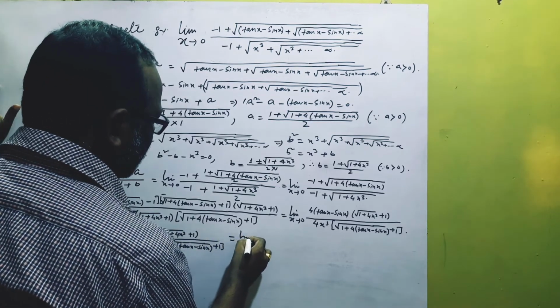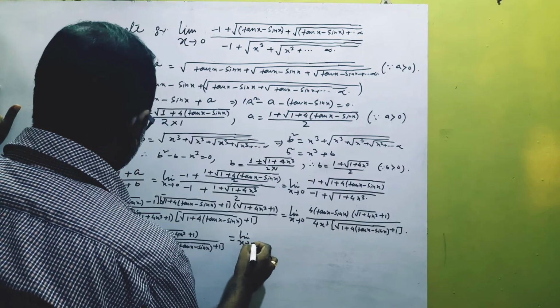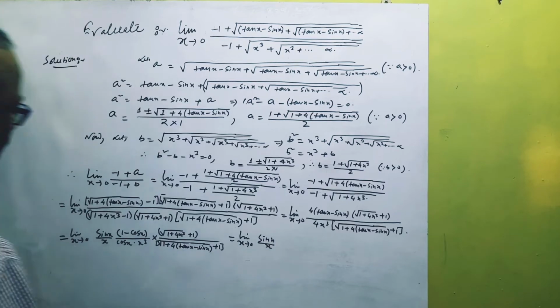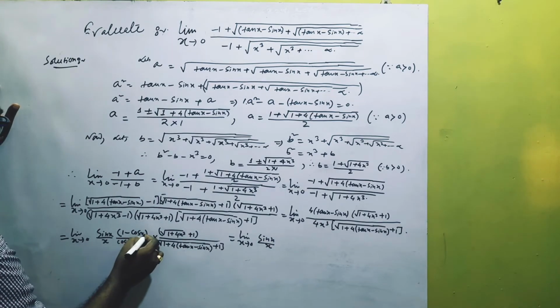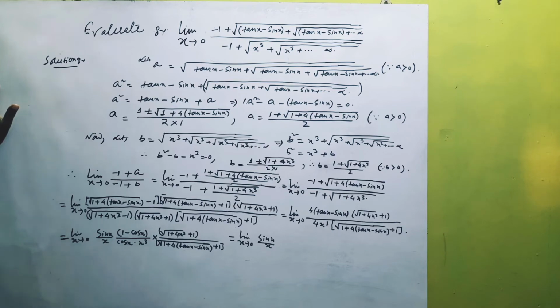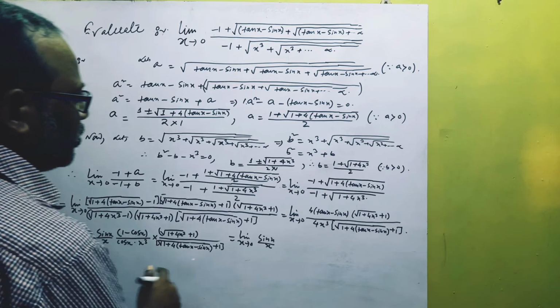So the limit as x tends to 0, this is sin x by x. Here we multiply by the factor 1 + cos x in the numerator and denominator parts.